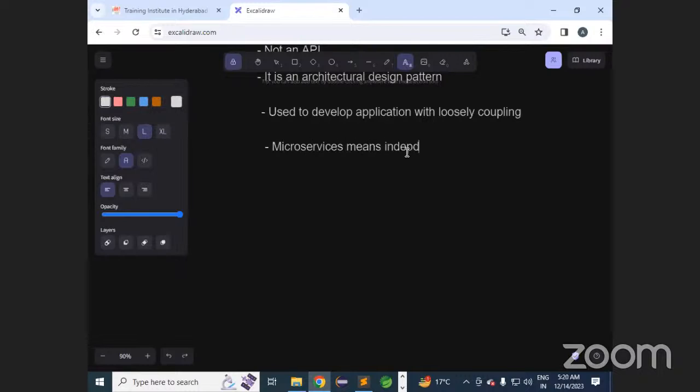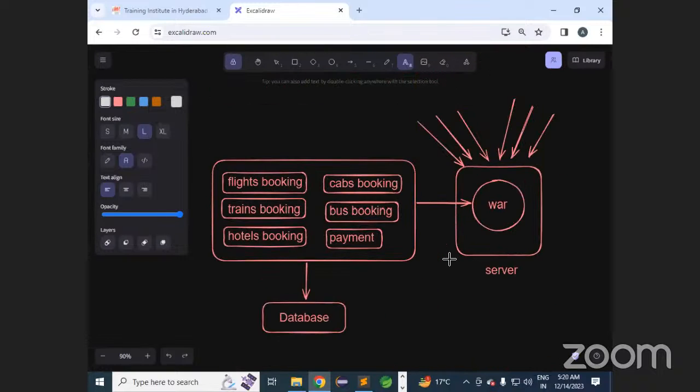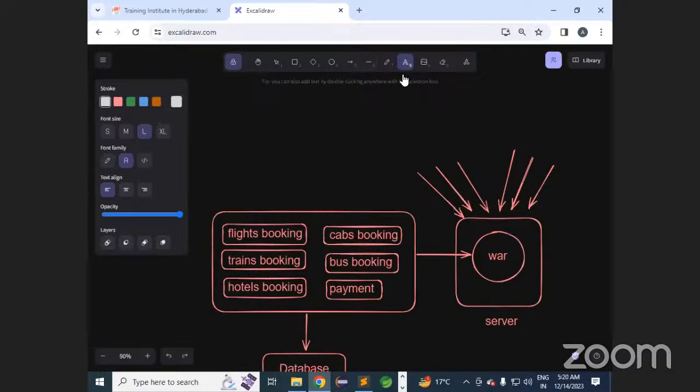Independently deployable and executable projects are called microservices. So to overcome problems available in the monolith architecture, currently in industry, we are going for microservices architecture.